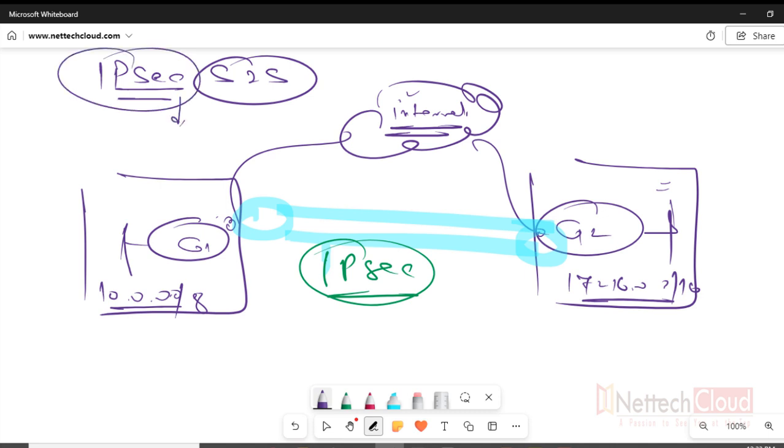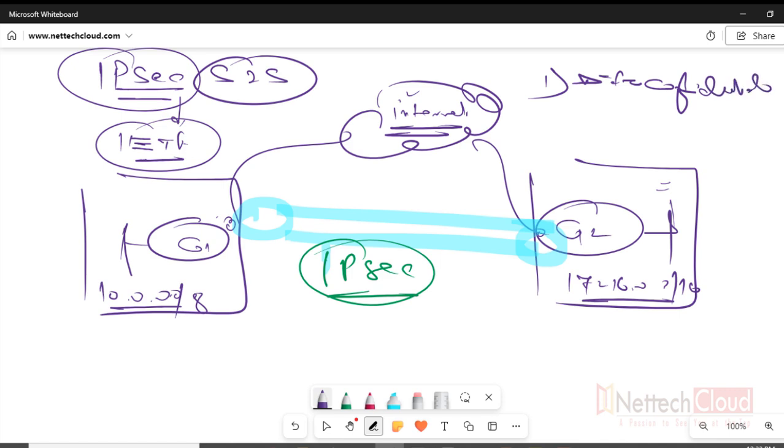not only is encapsulation done, even the data is encrypted, with data integrity check, anti-replay, and data origin authentication, because IPSec itself is an Internet Engineering Task Force standard framework for data encryption to ensure that data is confidential.